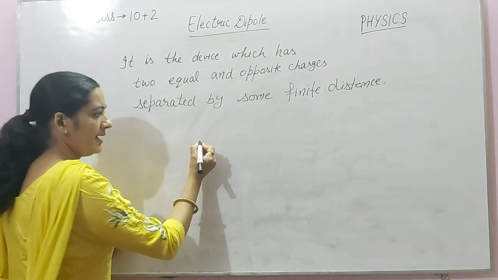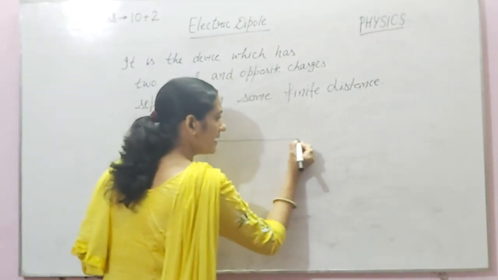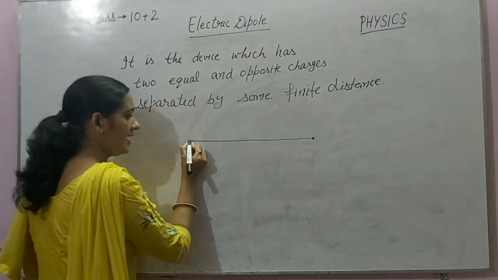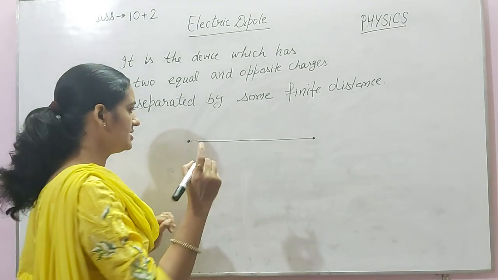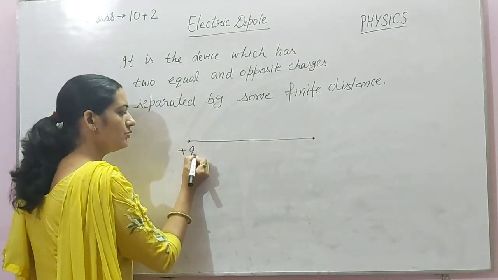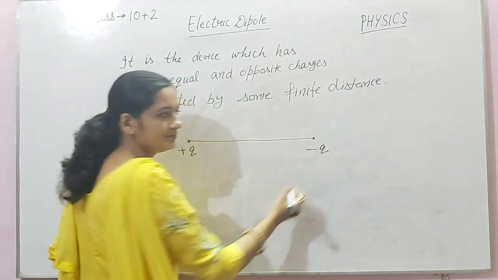We can draw it as a simple line which has 2 point charges, one is plus q and one is minus q.